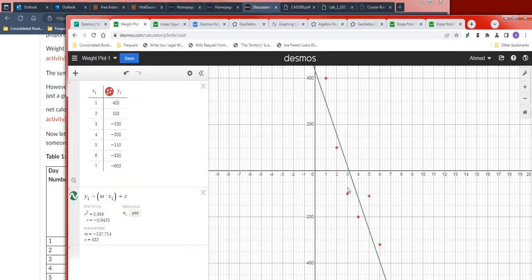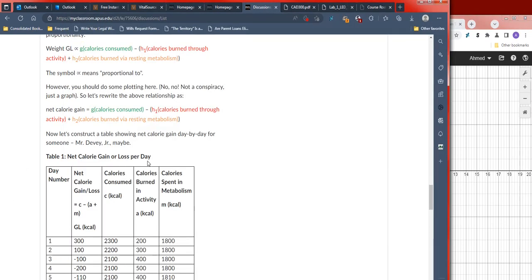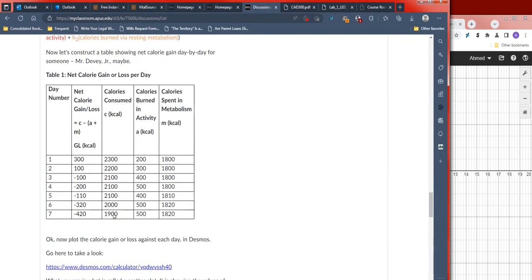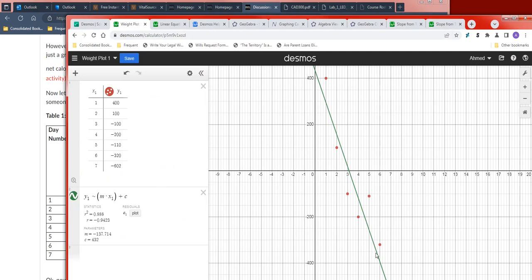Same thing if you're trying to lose weight: go over here, build your table, plot this out, and you can say, oh man, if I'm going at this rate, after 20 days or 18 days or what have you, I will have gained or lost this many calories.